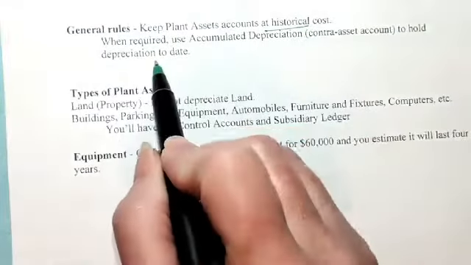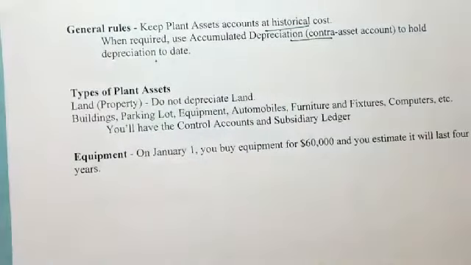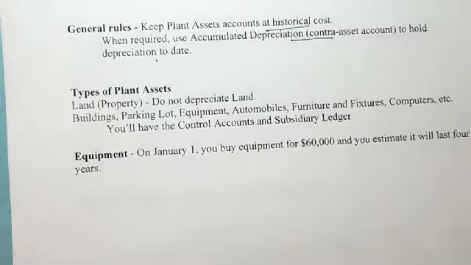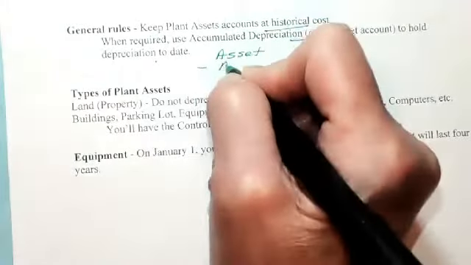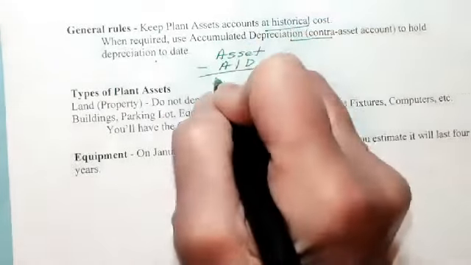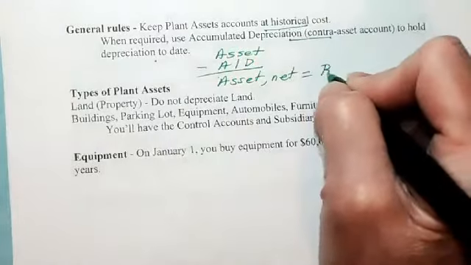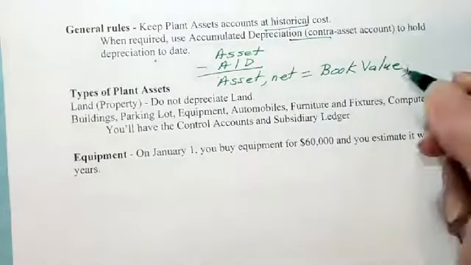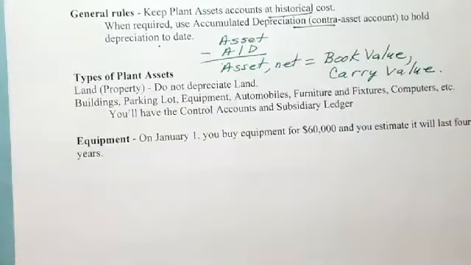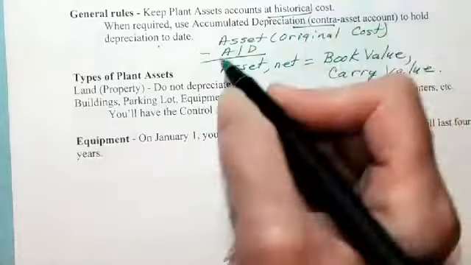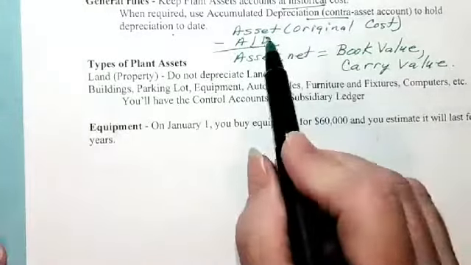We are going to depreciate it, but we're going to hold that depreciation in that contra account called accumulated depreciation, so that our asset value minus our accumulated depreciation gives us our net value, which we'll often call the book value, and sometimes people will call it a carrying value. All names for the same thing. That's the original cost minus that accumulated depreciation gives you the book value. Once you do this, don't mess with it.